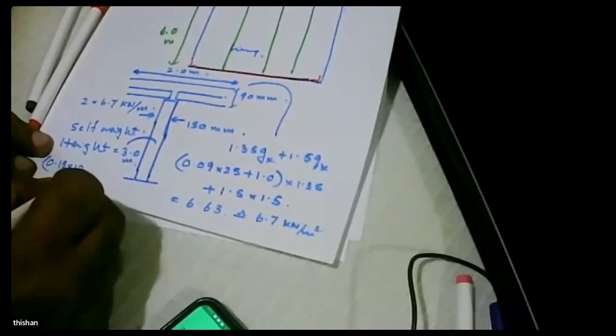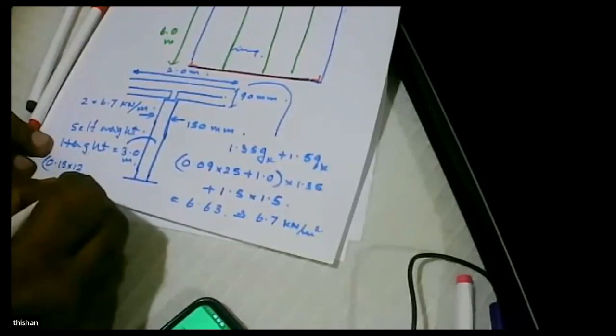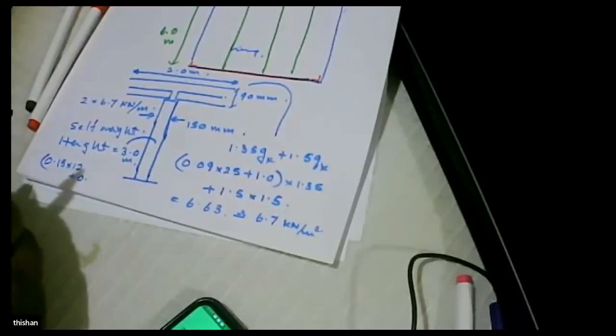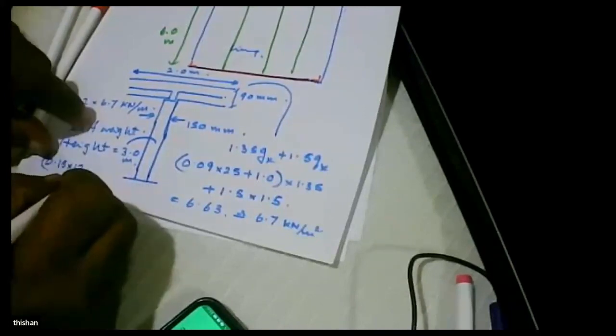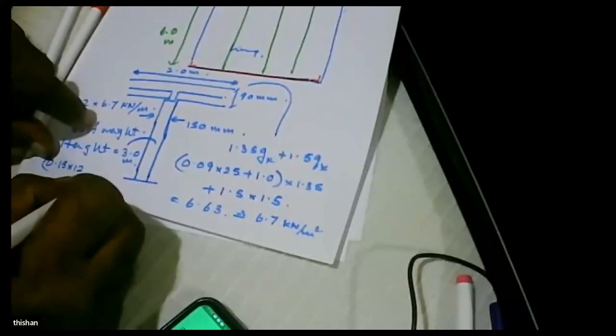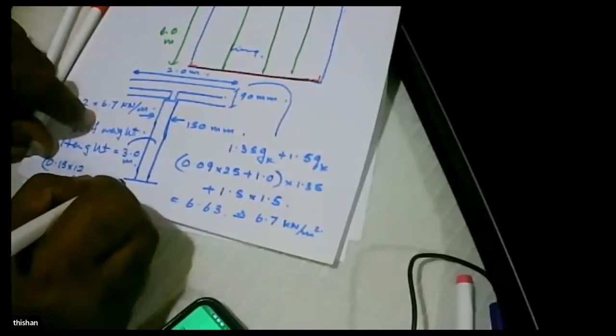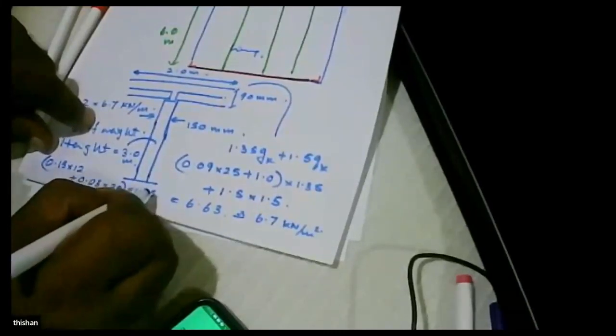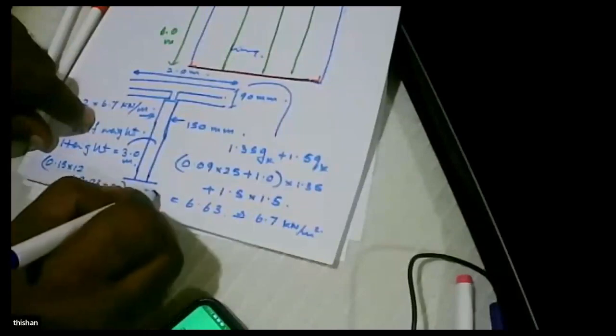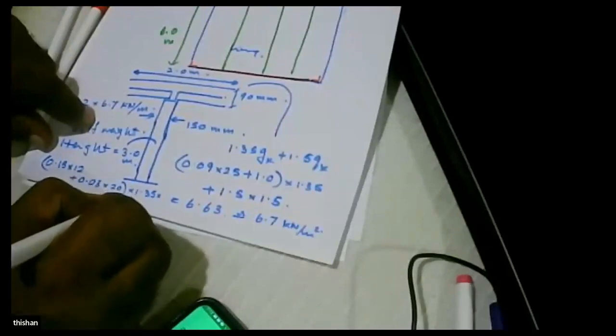Plus, we assume a plaster; the whole idea of using high quality block work is to avoid the plaster, but still we'll assume a plaster of 15 millimeter thickness on either side, of a density of 20, into 1.35, and we have to multiply that by the height of the wall as well.